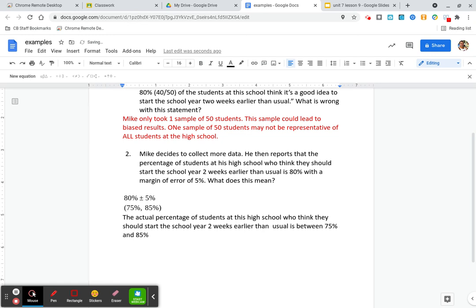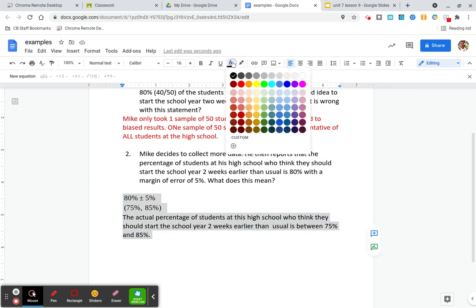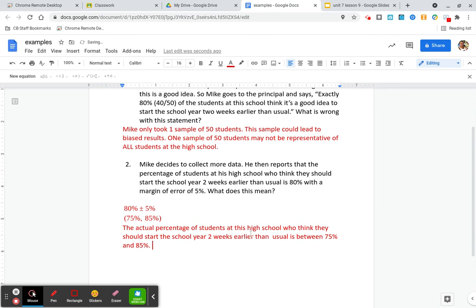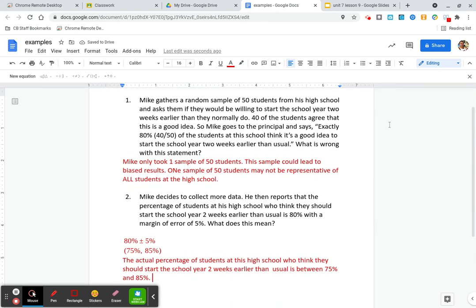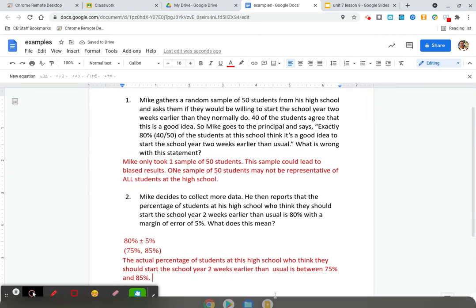So somewhere within that interval is the actual percentage of students who think that that's a good idea. That is what margin of error means in context. So this right here is your answer to number 2. And that is it for lesson 9.